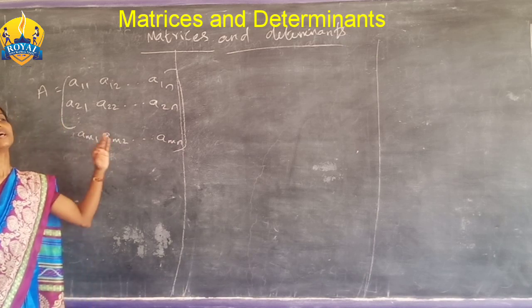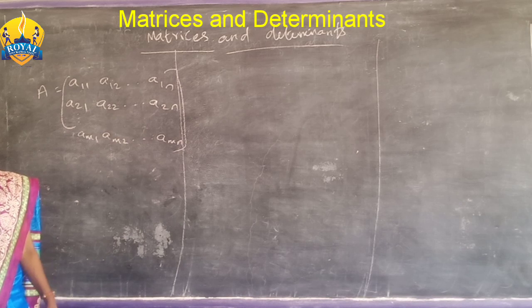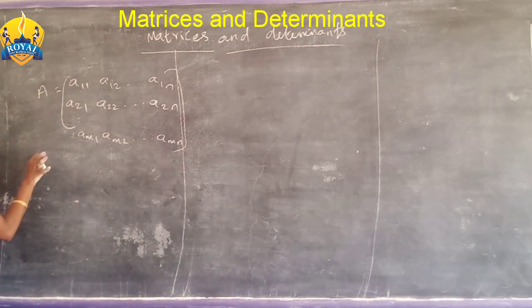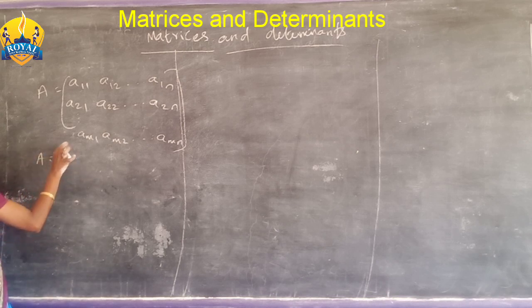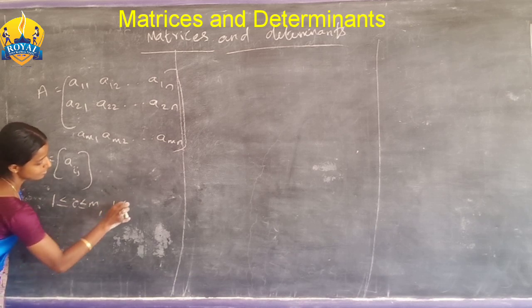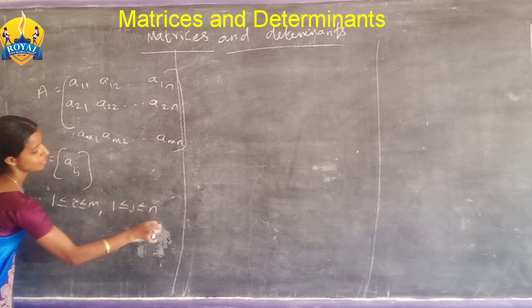Now, how to find the order of a matrix? This matrix A, its general form is Aij, where 1 less than or equal to i less than or equal to m, and 1 less than or equal to j less than or equal to n.